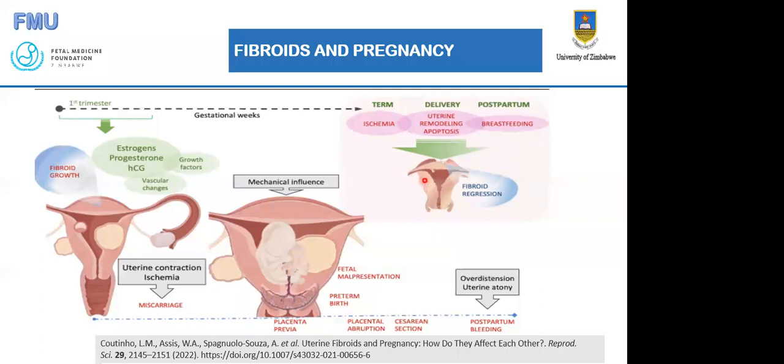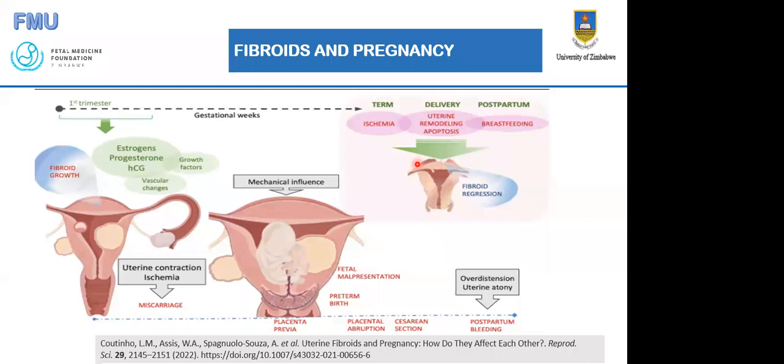So, after delivery, what happens is that the normal evolution of the uterus also affects the fibroids, so that the fibroids will undergo apoptosis as well, so that some fibroids may actually regress to small ones.